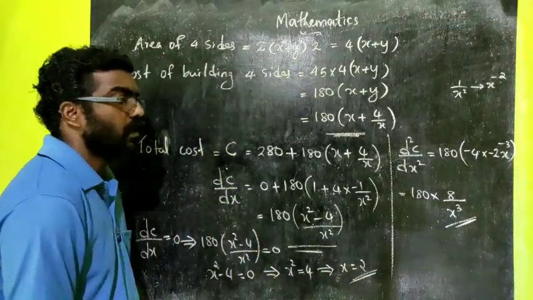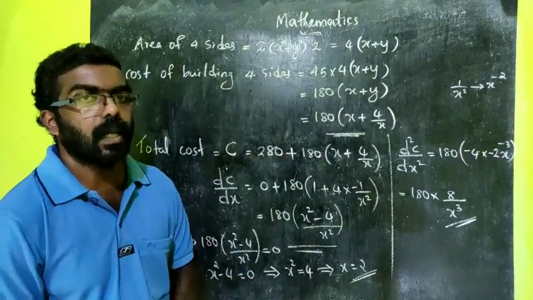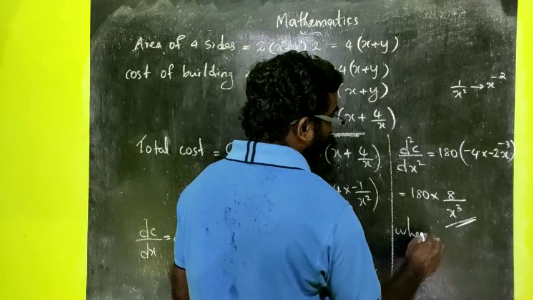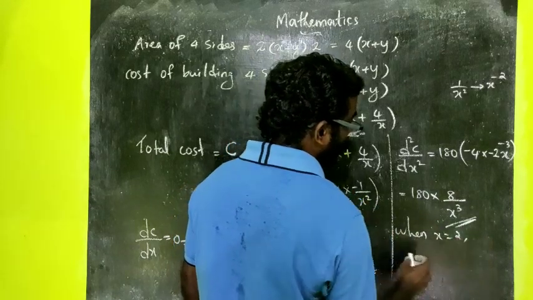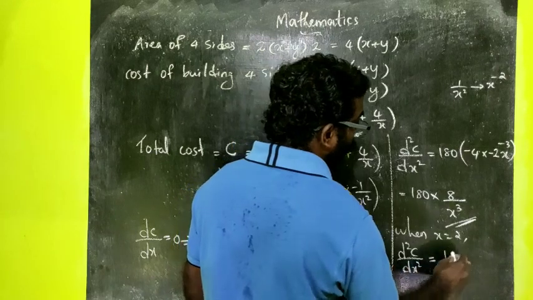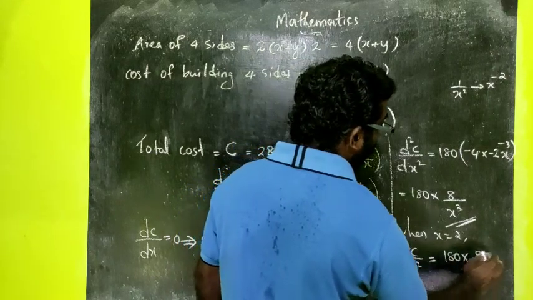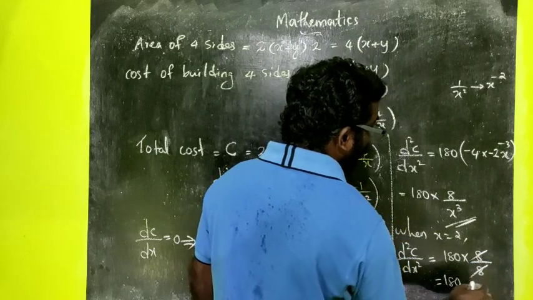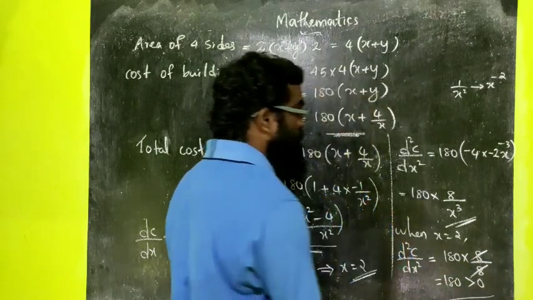So the value of x is 2. We have to check the sign of second order derivative at x equal to 2. So when x equal to 2, d square C by dx square is equal to 180 into 8 by 8. 8 and 8 cancel, which gives 180, and clearly it is greater than 0.